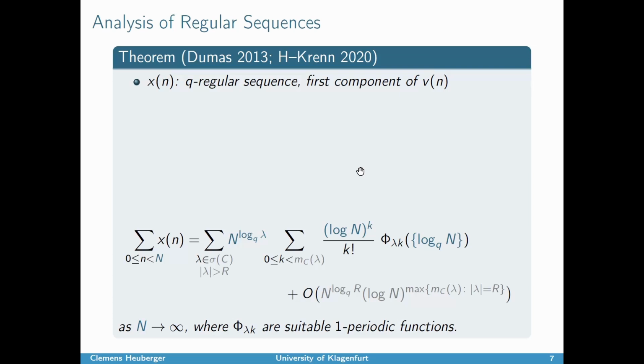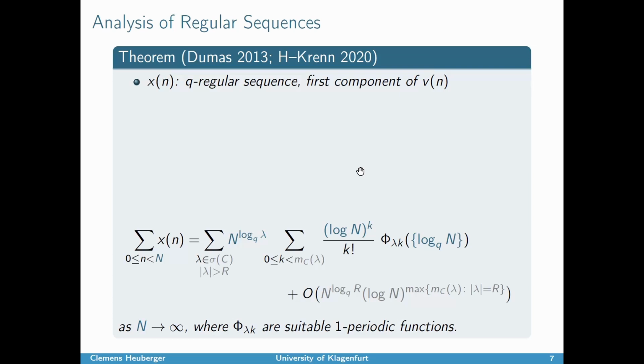The summatory function up to capital N has some polynomial growth, some logarithmic factors, some suitable periodic functions phi, and an error term.